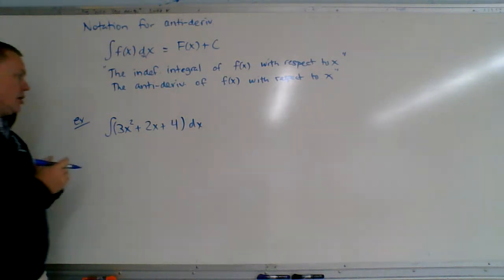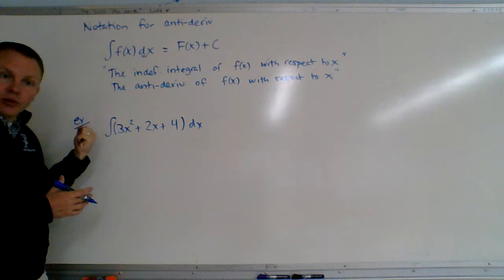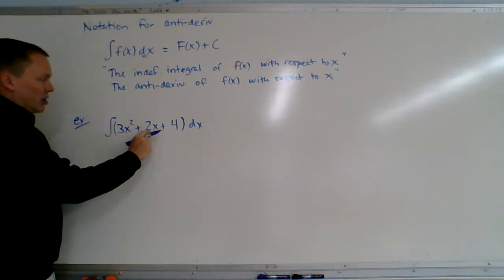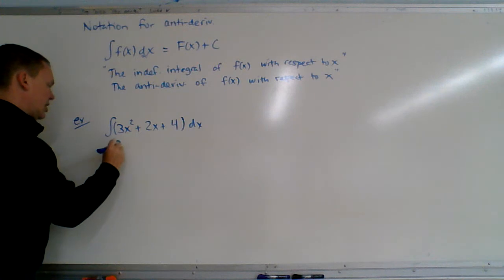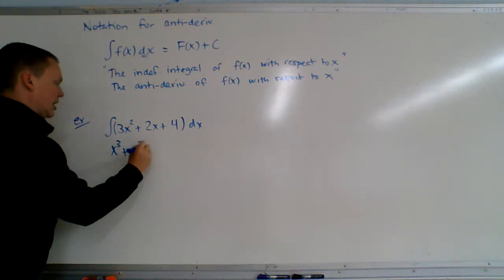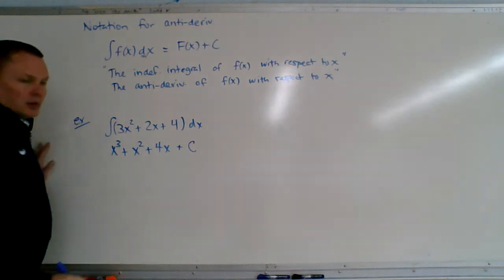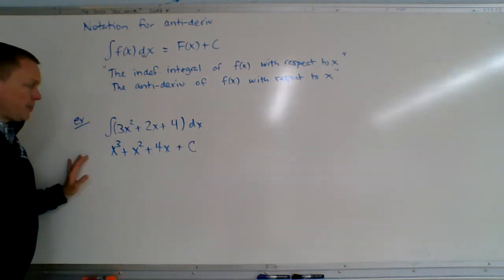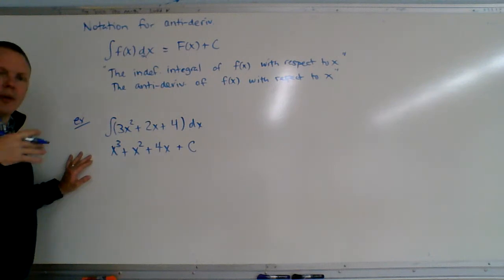So the answer: what function has a derivative that's equal to 3x squared plus 2x plus 4? We already know that was x cubed plus x squared plus 4x plus some constant. You might be asking yourself, how did you go backwards?